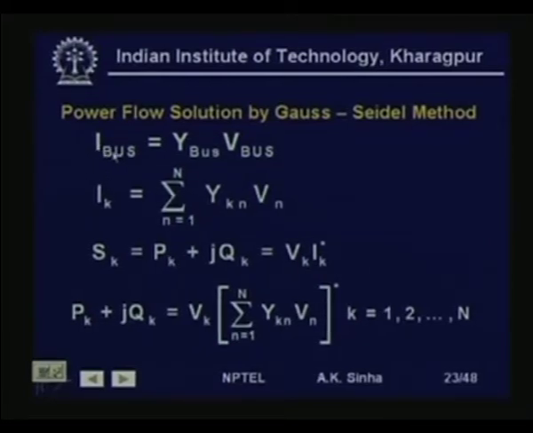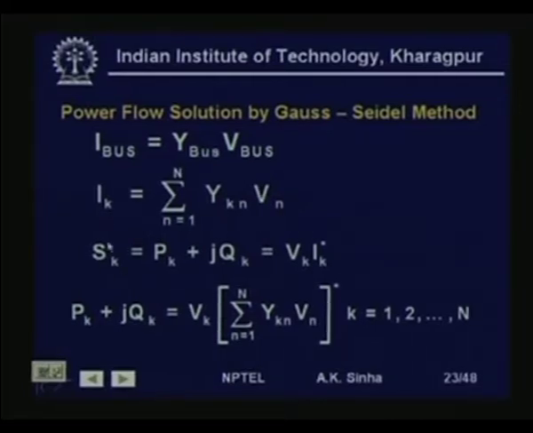We have the relationship I bus is equal to Y bus into V bus, and we can write for any bus k, I k is summation n is equal to 1 to N, where capital N is the number of buses, Y kn into V n. Y kn are the k-nth element of the Y bus, and V n is the voltage at bus n.